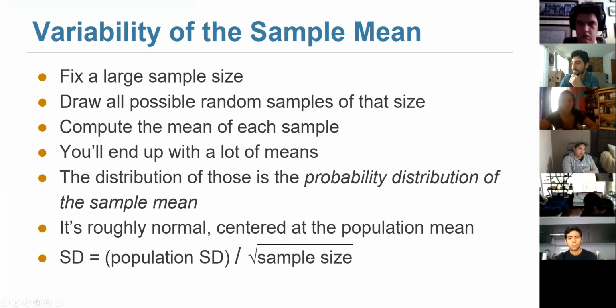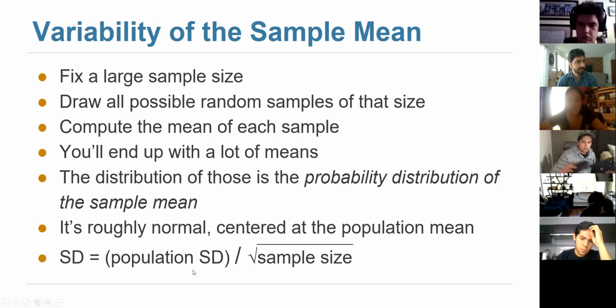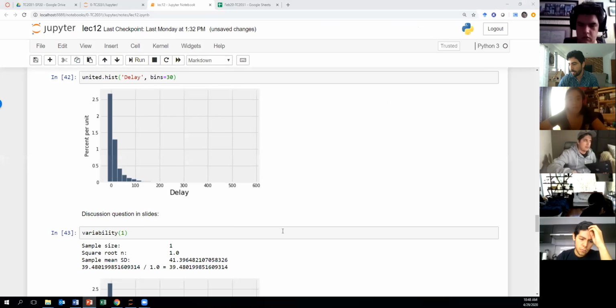In this equation, the sample size is 1, and the square root of 1 is 1. So my probability distribution's standard deviation is going to be exactly equal to my population standard deviation. And that's what we are seeing here.